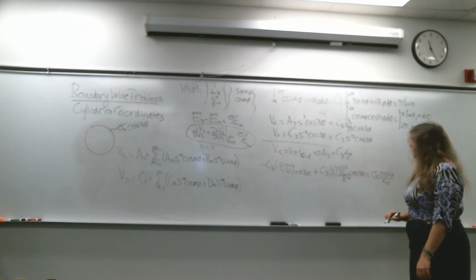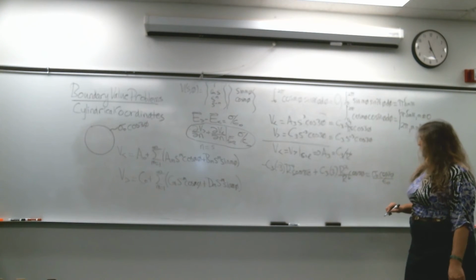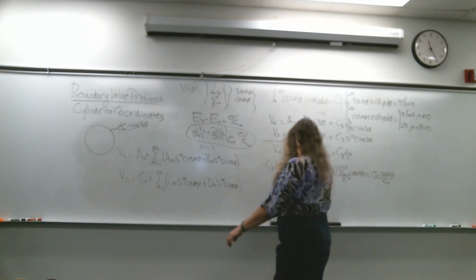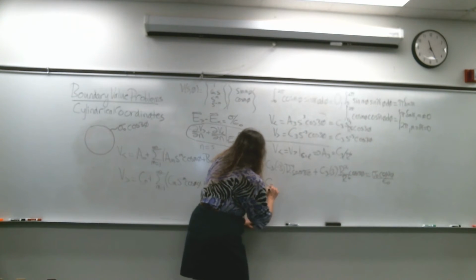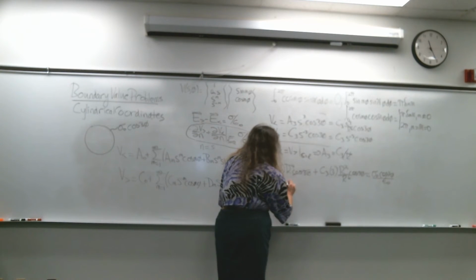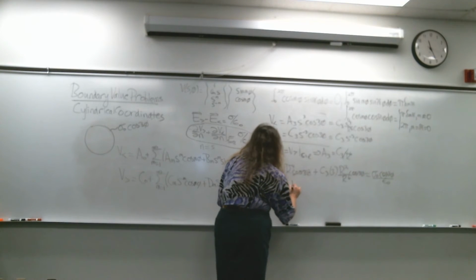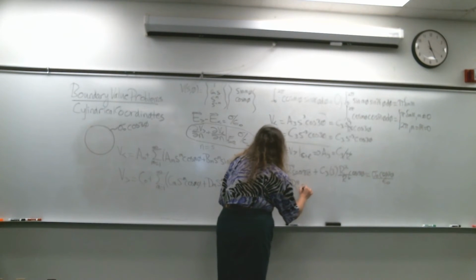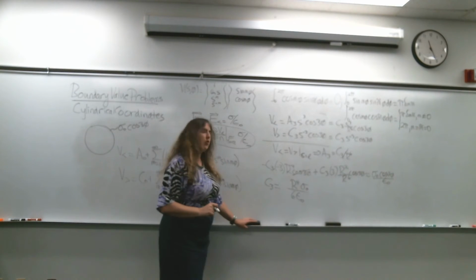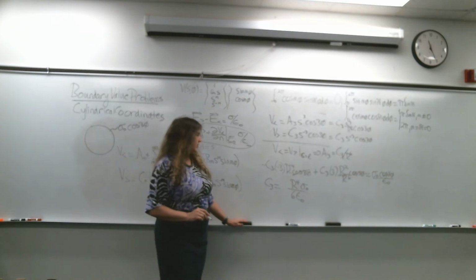over epsilon naught. Each of these terms has in common a factor of cosine 3 phi, so that cancels out, and therefore C3 is equal to R to the 4th sigma naught over 6 epsilon naught.